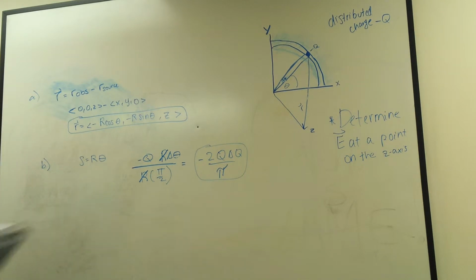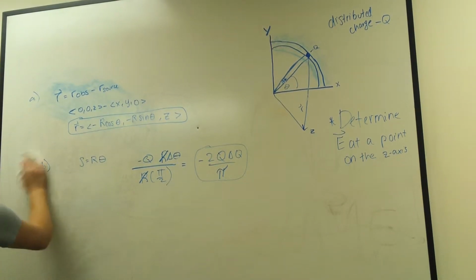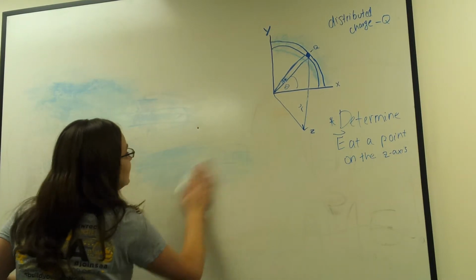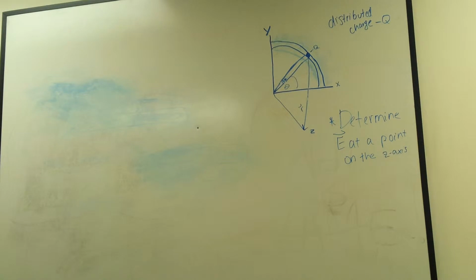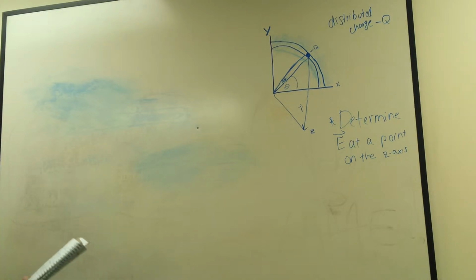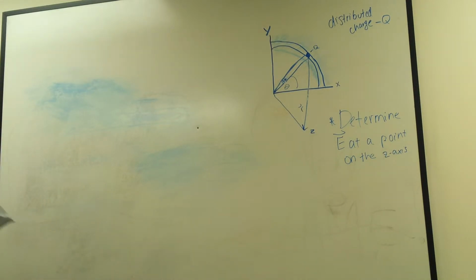Now I'm going to erase the board real quick so we can move on. Now in part C, we're actually getting to the good stuff. We're going to derive an expression for the vector delta E at 0, 0, Z, which is our observation location here.